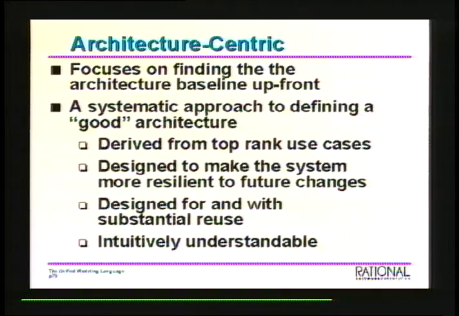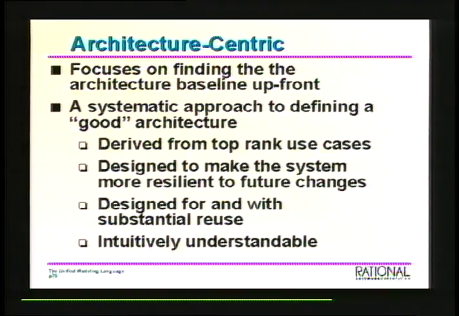So architecture is absolutely key, and the idea is that you start by finding the architecture as early as possible. You do that during the elaboration phase, and that means that early iterations of a system should focus on finding the architecture.